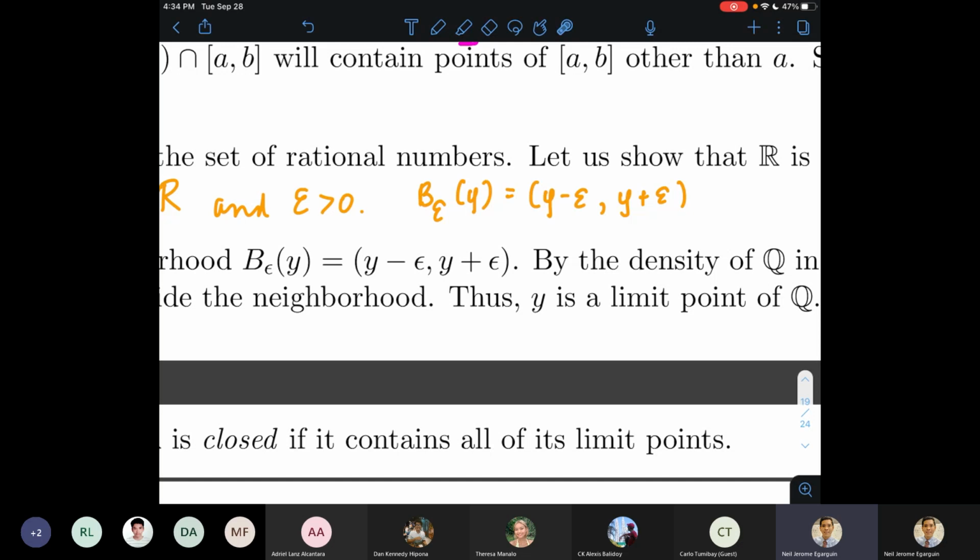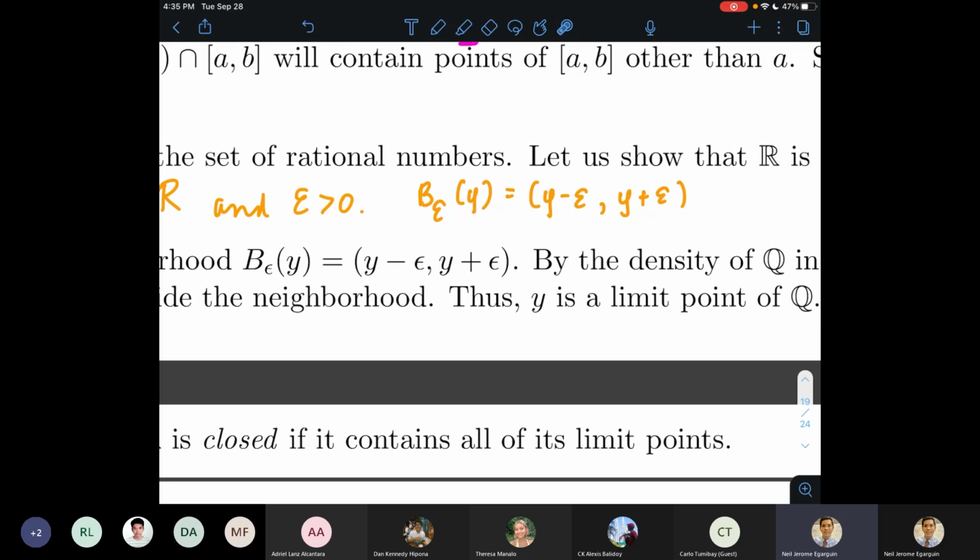So kung magkakaroon ng butas yung proof pag sinabi yung there exists a rational number between y minus epsilon and y plus epsilon, ang butas dun, what if y is the only rational number between y minus epsilon and y plus epsilon? So that won't qualify y to be a limit point kasi dapat there is an element other than y. Okay? So I need to be careful with the wording of my arguments here.